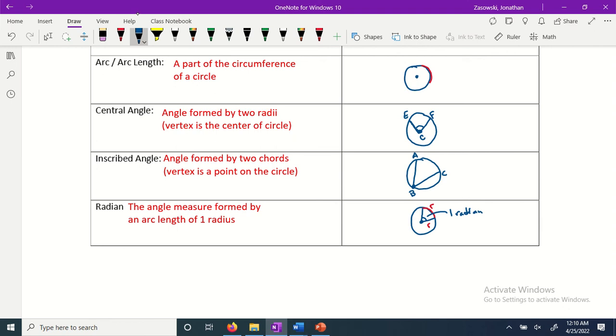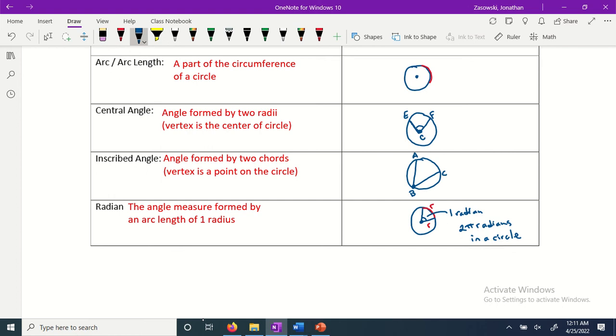All right, and because we know that the circumference of a circle is 2 pi r, there are 2 pi radians in a whole circle.